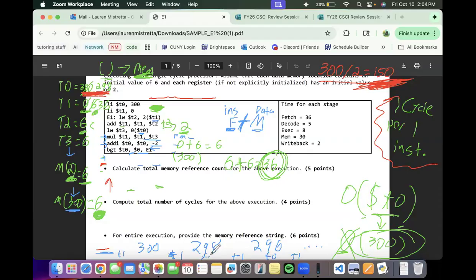These all came from T0, but now what we have to do is deal with the part that is T1.